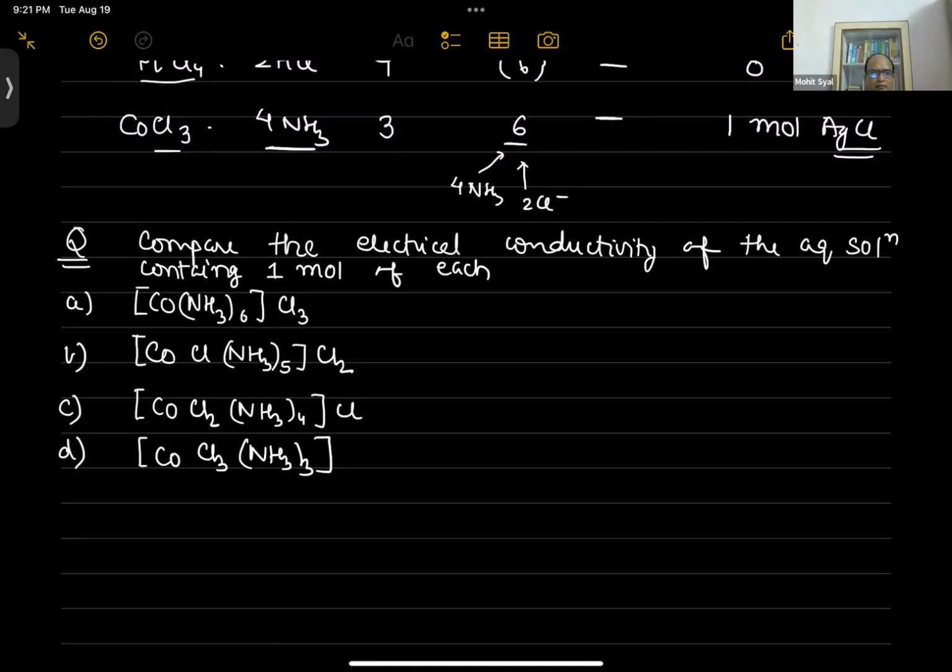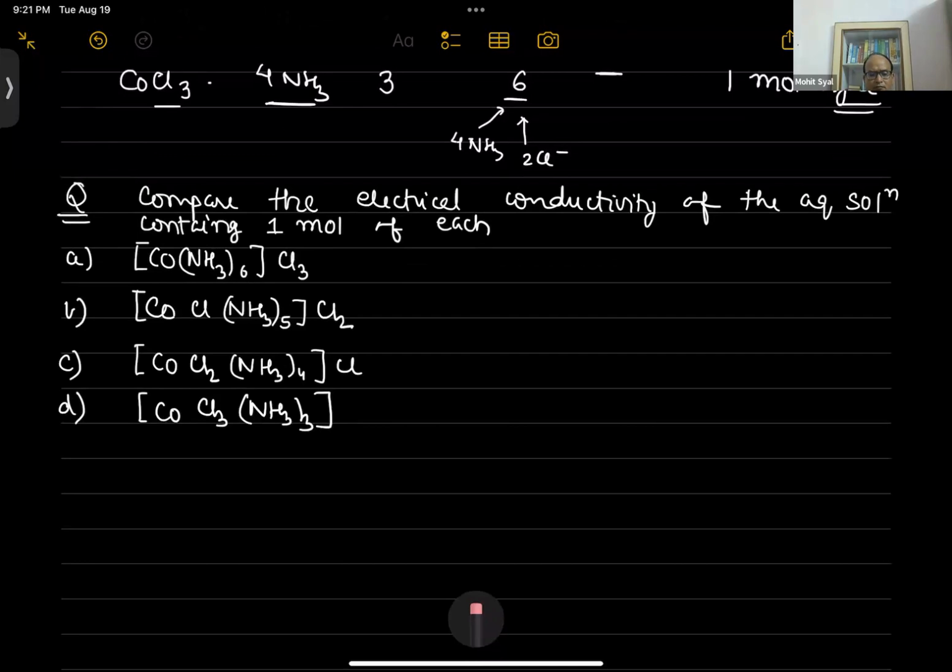So now tell me, what will be the order of the electrical conductivities? Aisha, Jaslin, which one is the most conducting?